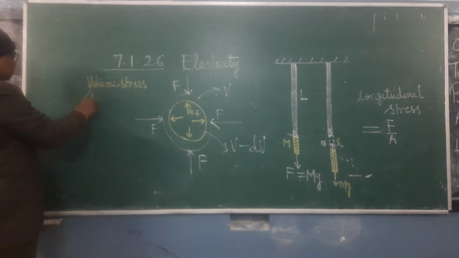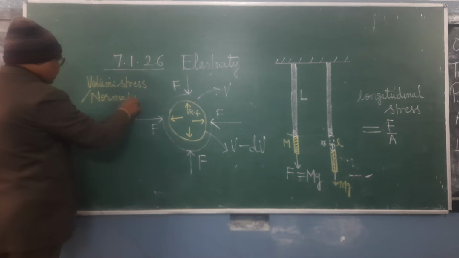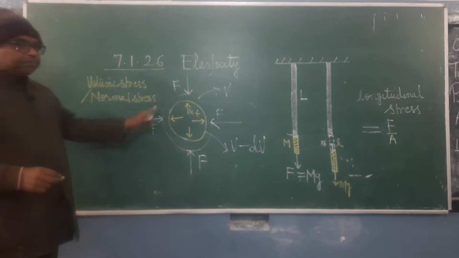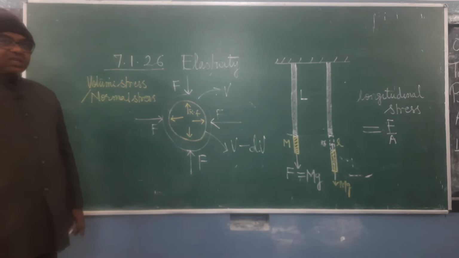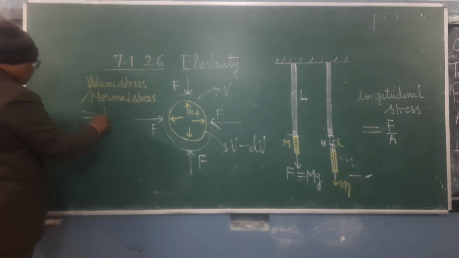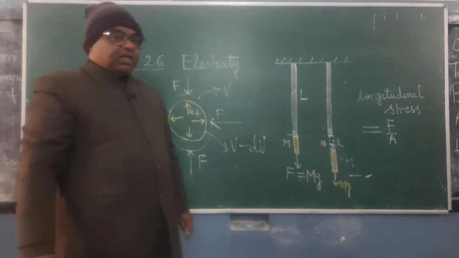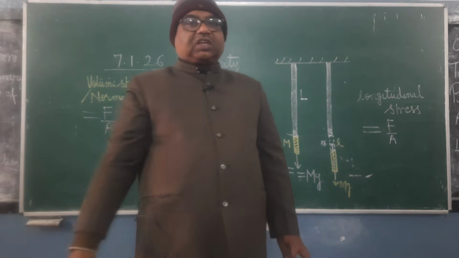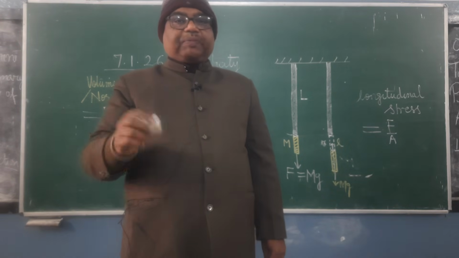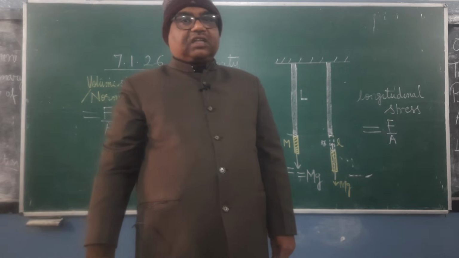that is known as volume stress, we sometimes also call normal stress. Why do we call it normal stress? Because stress is acting normal to the surface. Force is acting normal to the surface. So that is called F upon E. And as we know that, if force is acting normal to the surface per unit area, that is called the pressure.